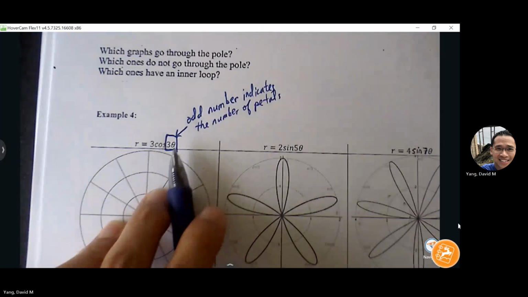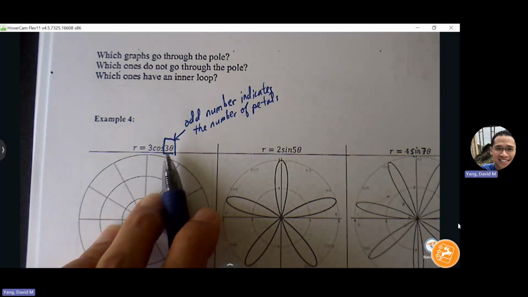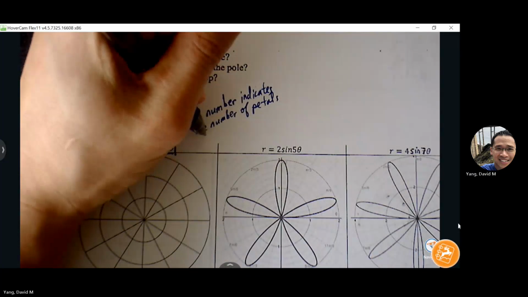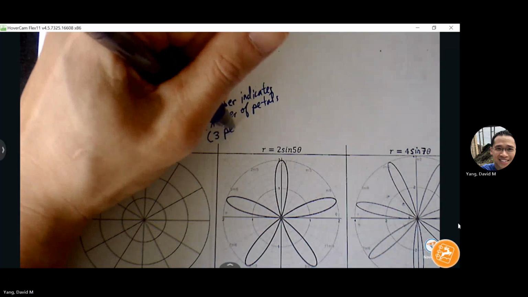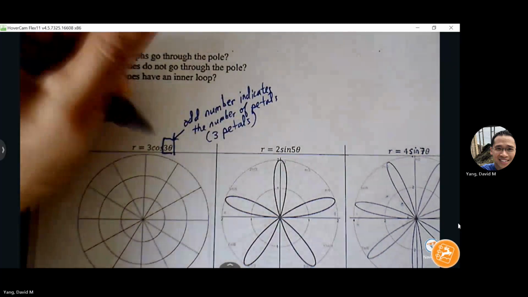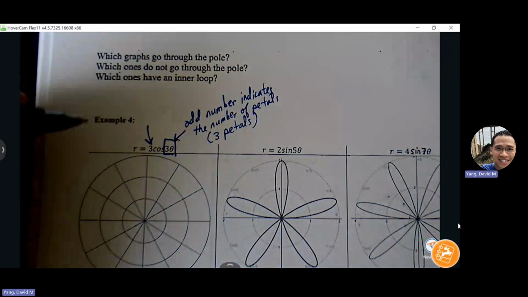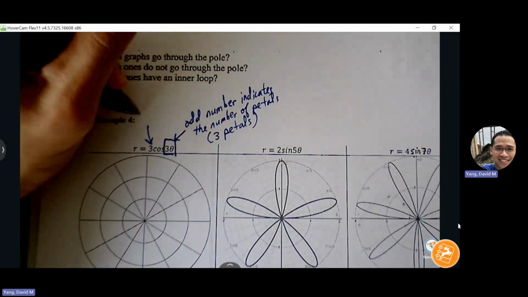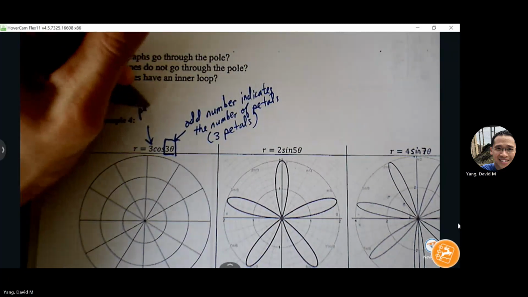So here, that n is 3, so n theta, we're going to have 3 petals here. And then the coefficient is going to tell us the petal length or the petal diameter.